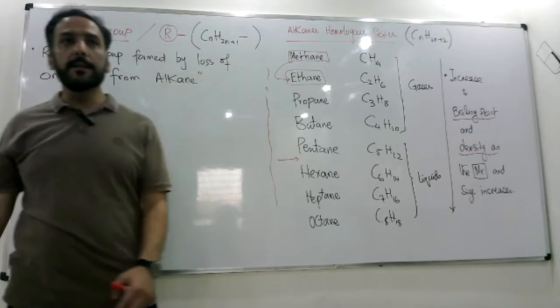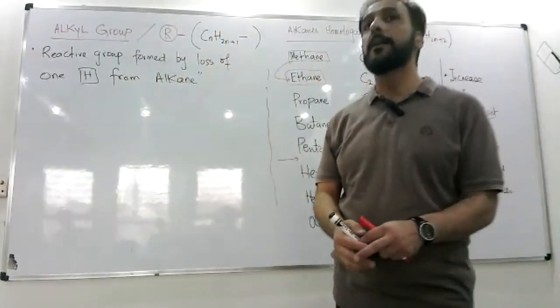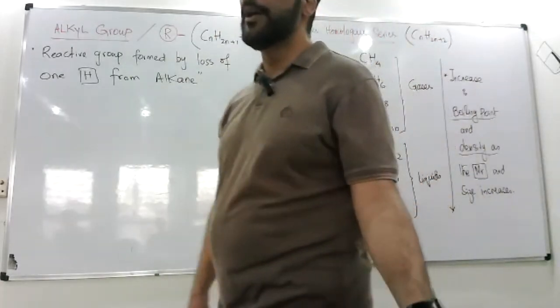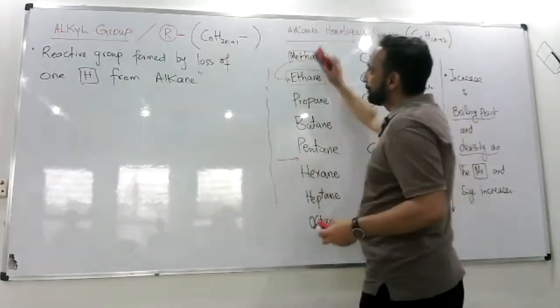If you remove one hydrogen from an alkane, we get alkyl, YL. It's not alkyne, I repeat. YNE is something else, we studied that yesterday, that is a different thing.